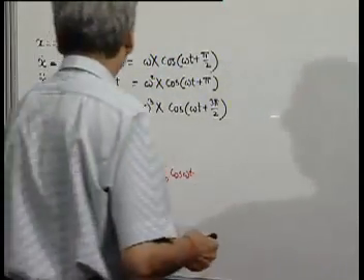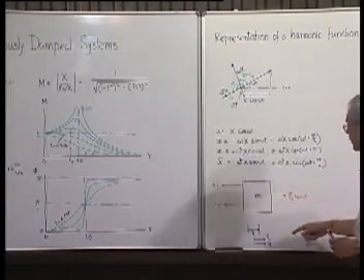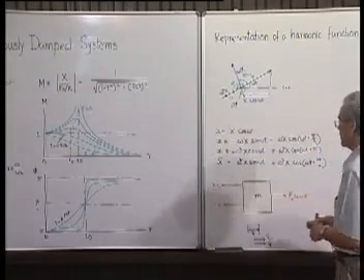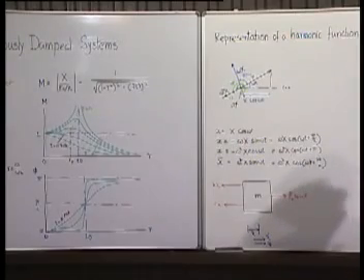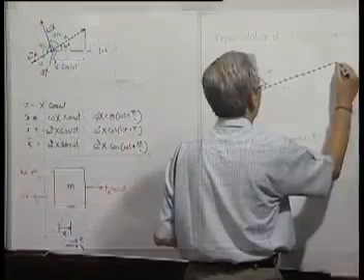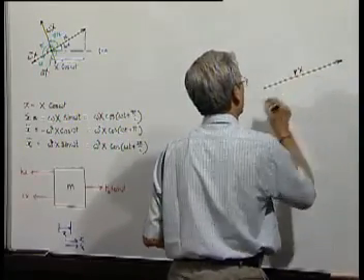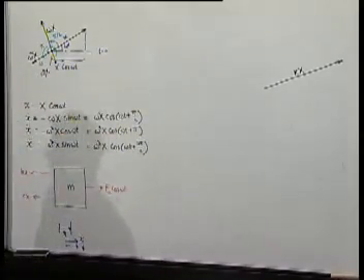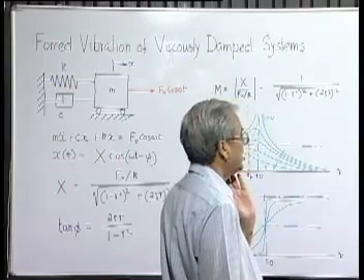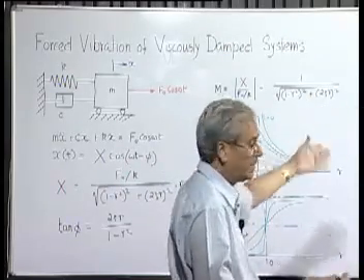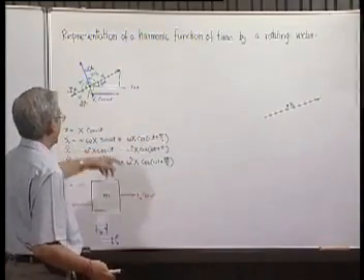So, first is the spring force. If x is in this direction, then the spring force is acting in the other direction. So we can represent the spring force first, and let the spring force rotating vector's length be k into x. Its component along the line along which we take the projection will be kx cosine omega t.